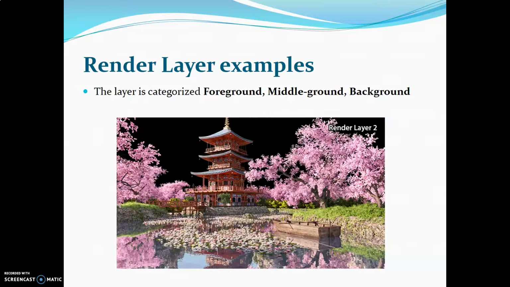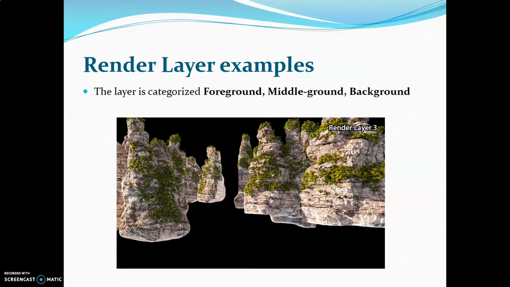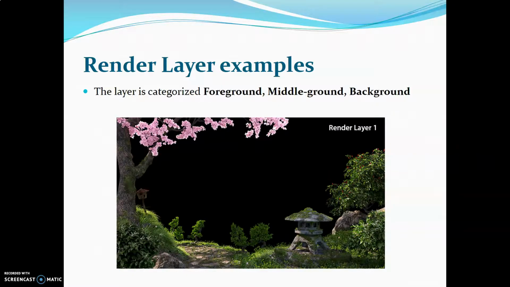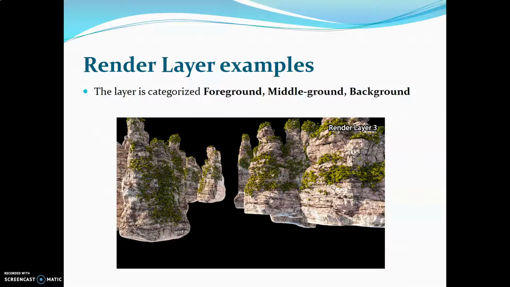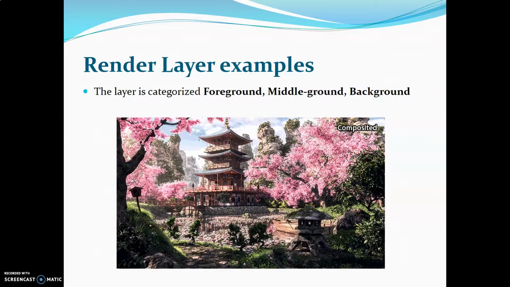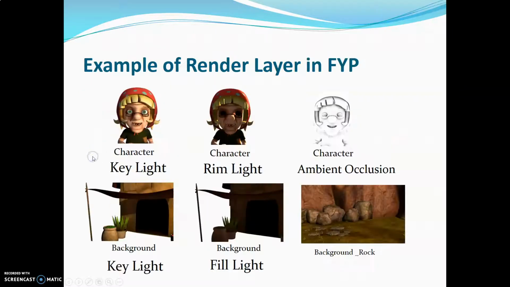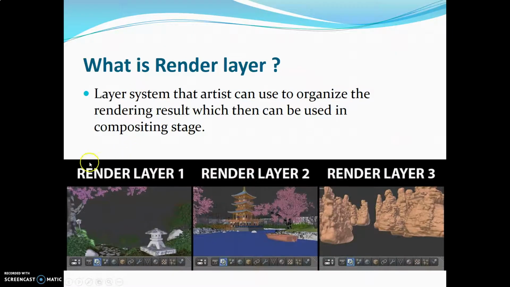A different project may have different requirements and a certain way of doing things. So this is just one example of how people utilize the render layer feature in Maya. This is another setup, another usage of how people do render layers. Here the layer is actually categorized by light, as compared to the previous one, where we categorized the layer by object.